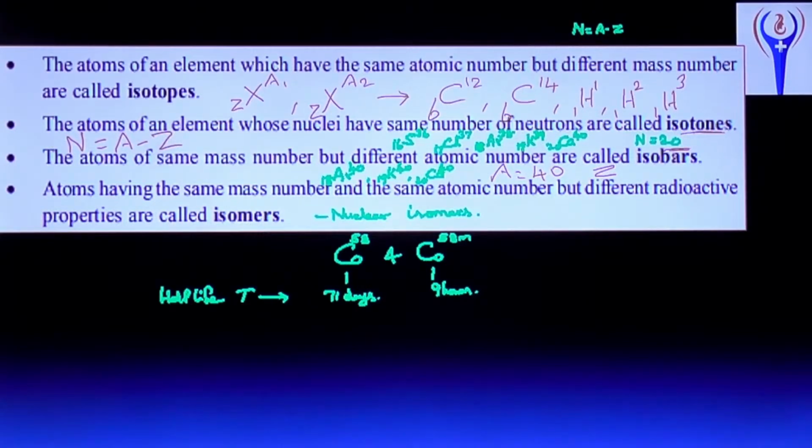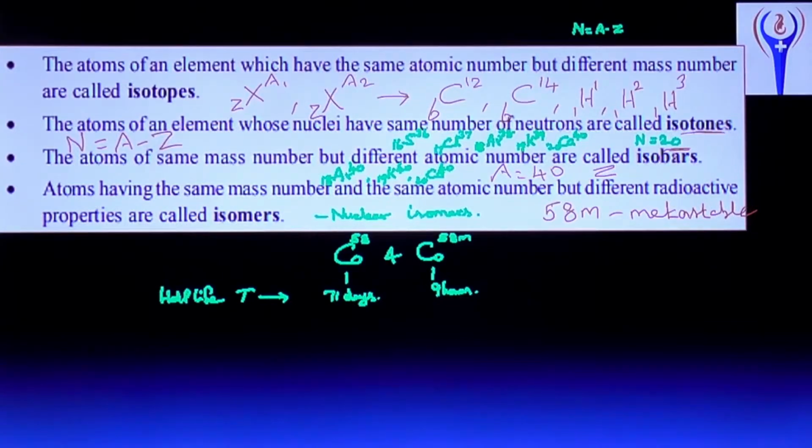In chemistry, isomers are atoms having the same mass number, same atomic number but different structural property, different in structure, like ketone with alcohol, as you may have studied. And what is the example? Cobalt. Cobalt-58 and cobalt-58m. 58m is a metastable state, and that is only mentioned as 58m.